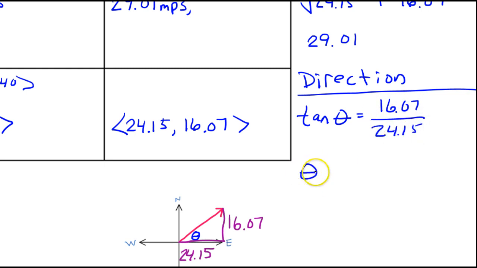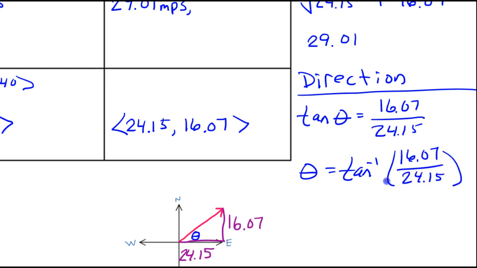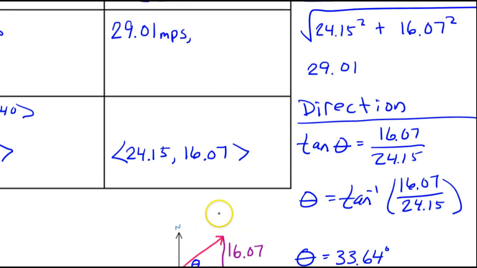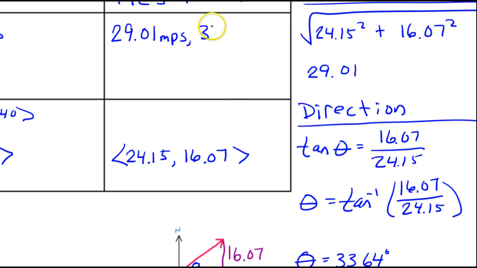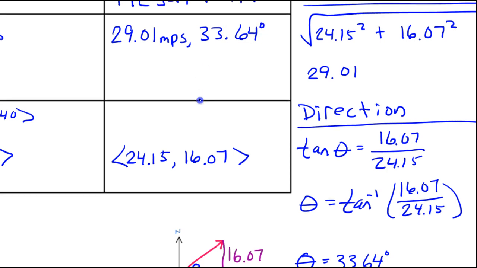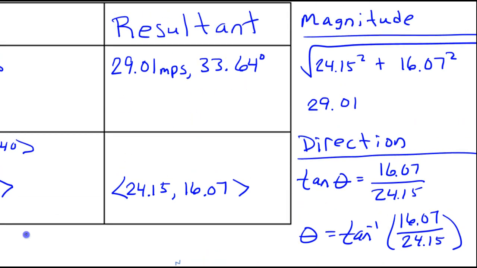So I should be able to find the direction by doing the inverse tangent of the fraction. Go ahead and use a calculator. So the direction of this resultant vector is 33.64 degrees with the horizontal. Alright, and that is the final answer right there.